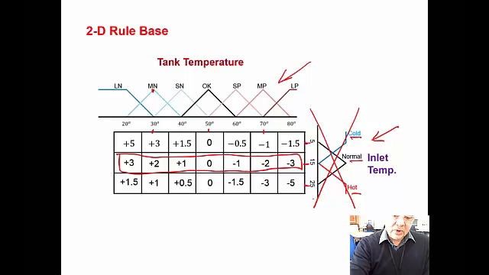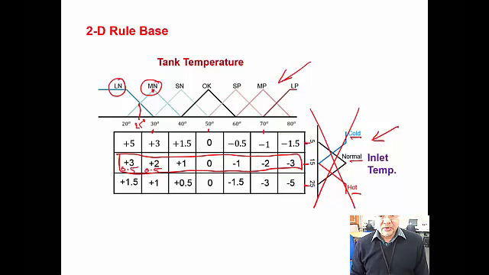So what we did, we looked at a temperature, for example, like this one here, this is 25 degrees. 25 degrees will be 50% in medium negative and 50% in large negative. So it will be 0.5 multiplied by this, 0.5 multiplied by this, and that will give us the action to take, by how much we open the valve or close it if the temperature was high.